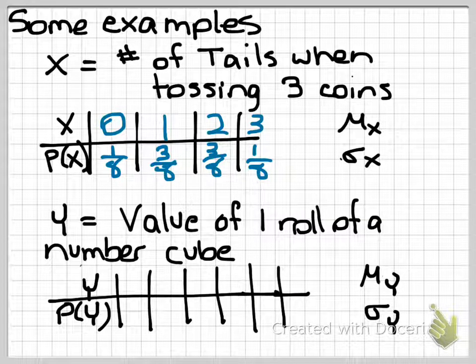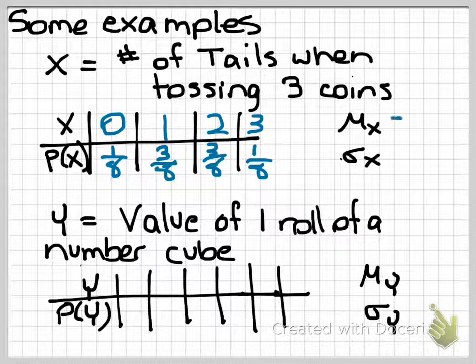I'm going to give you the mean and the standard deviation for each of these as we go along, so you might want to pause and then come back and check. So if you pause now, you can just calculate the mean and the standard deviation, and you can come back and check your answers.